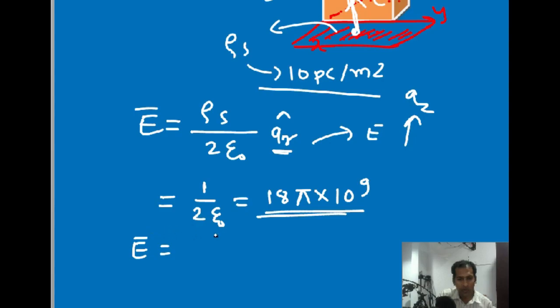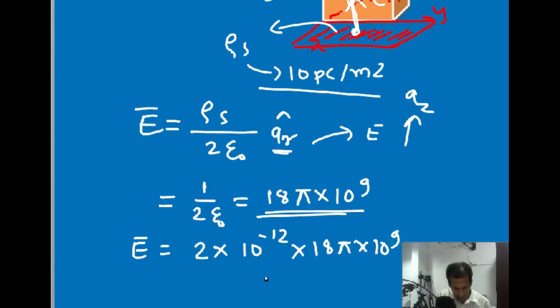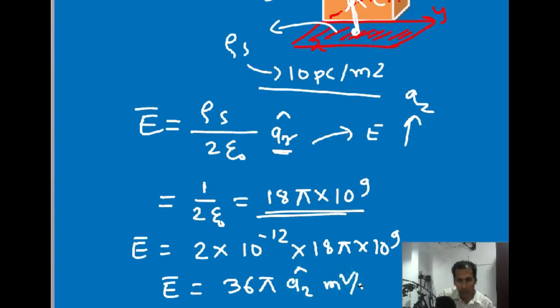So in our formula, rho s is already given, that 2 into 10 to the power minus 12, that is pico coulomb, into 18 pi into 10 to the power 9. So electric field intensity will be equal to, if we calculate this value, we should get 36 pi Az cap millivolts per meter. So this is the answer for this question. Let us see next example.